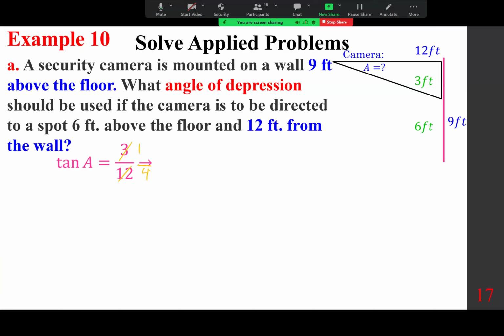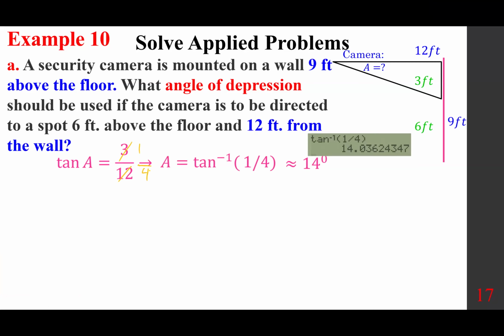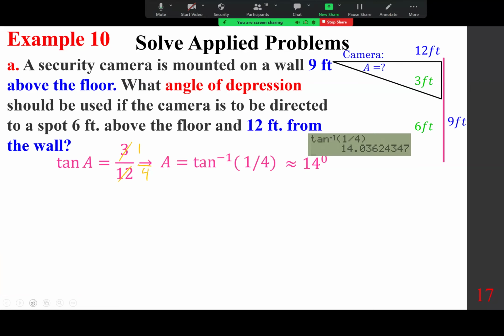So A is the tan inverse of that. Putting it into a calculator results in about 14 degrees, depending how they want it: 14.04 or 14 degrees, depending on how many decimals they ask. Okay, everybody?